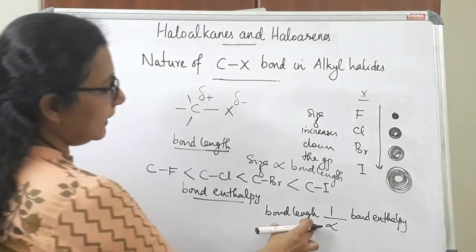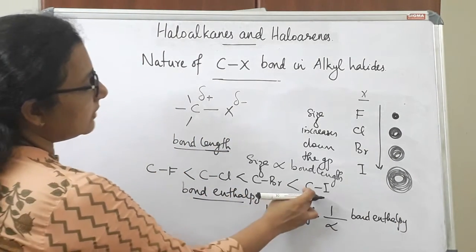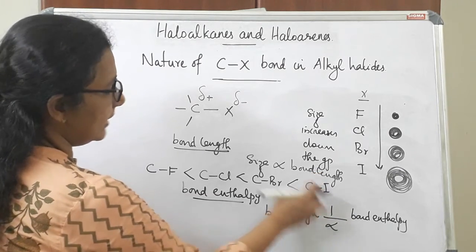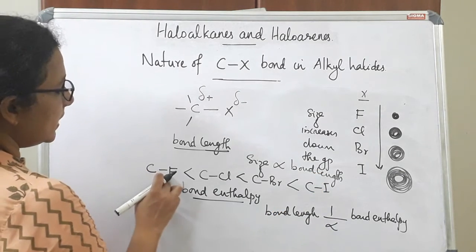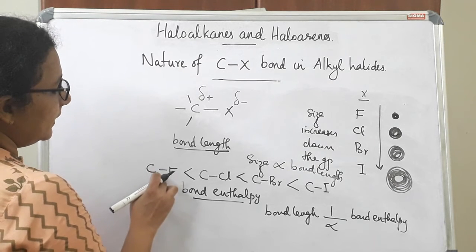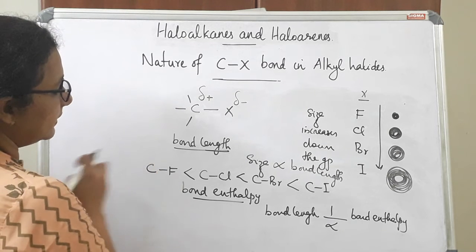Bond length is more in the case of C-I, so we can break this bond more easily. The bond length of C-F is lesser, so the bond enthalpy is more in C-F. That means more energy is needed to break the bond.